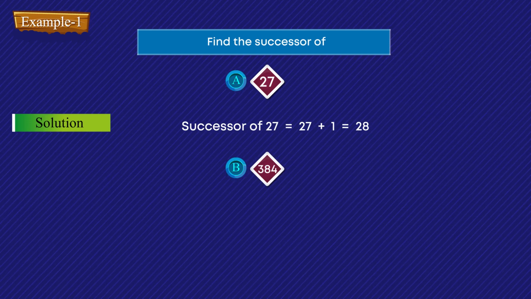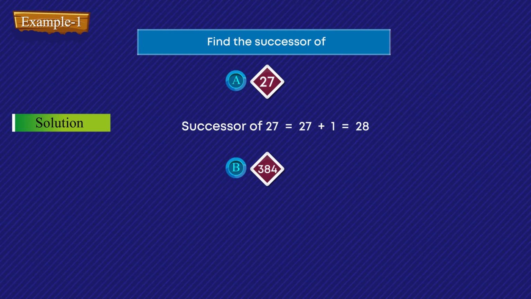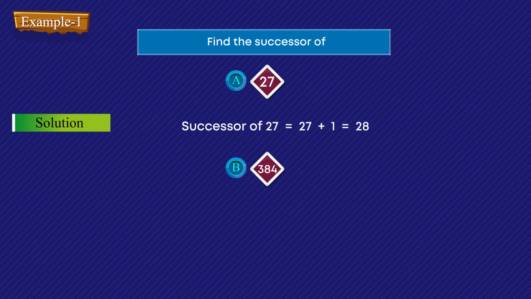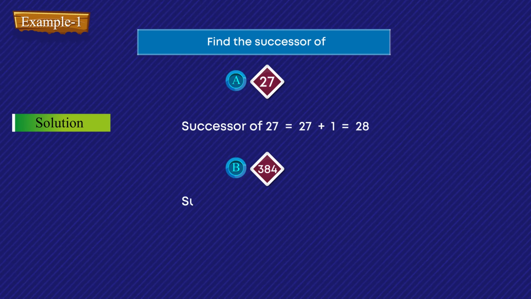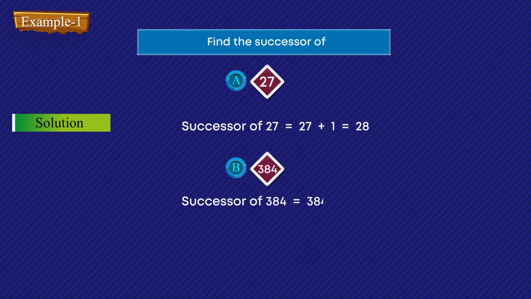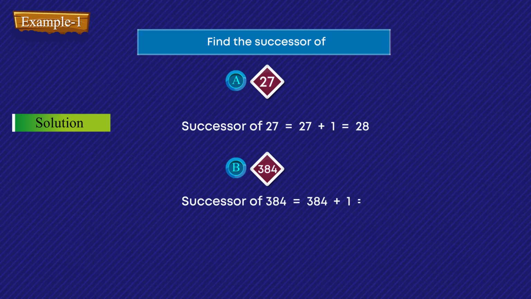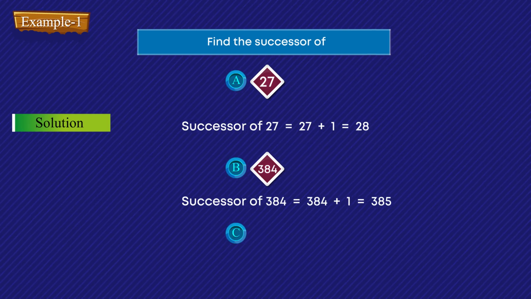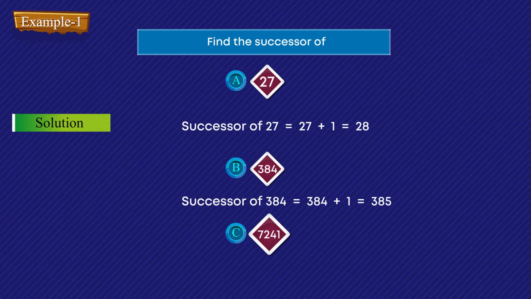B. 384. Successor of 384 is equal to 384 plus 1 equals 385. C. 7241.